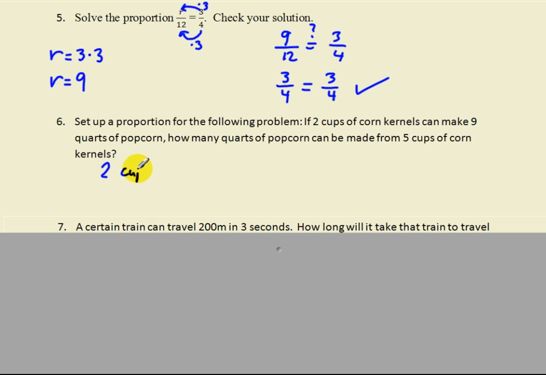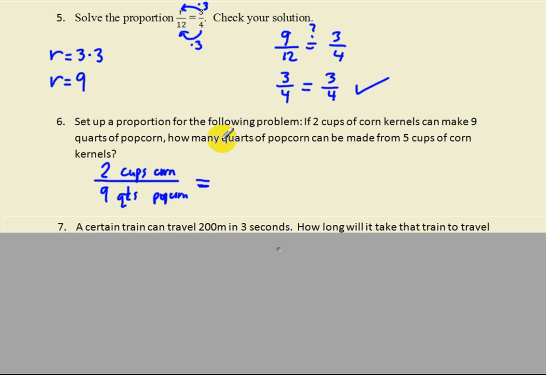So we have 2 cups of corn kernels will produce or give us 9 quarts of popcorn. Okay, so then our other ratio needs to have the same unit set up.